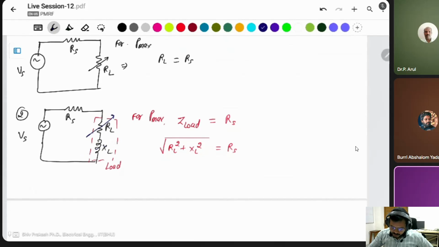There may be confusion. Suppose this one is constant and this varies, but both represent the load impedance. That means the same formula has to be used. In this case, you can't say that RL is equal to RS. This is not correct, because the load impedance should be equal to the source impedance.